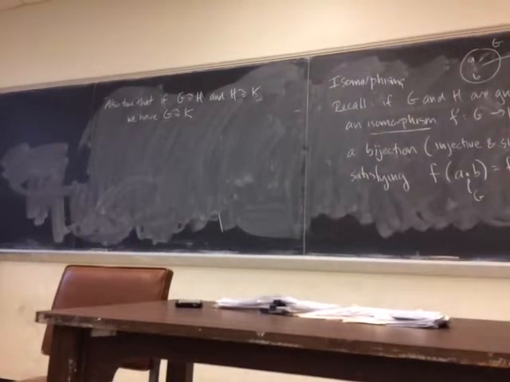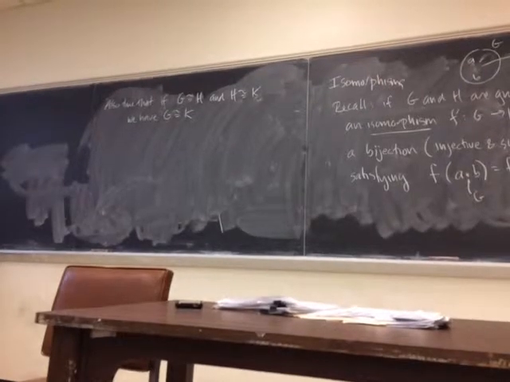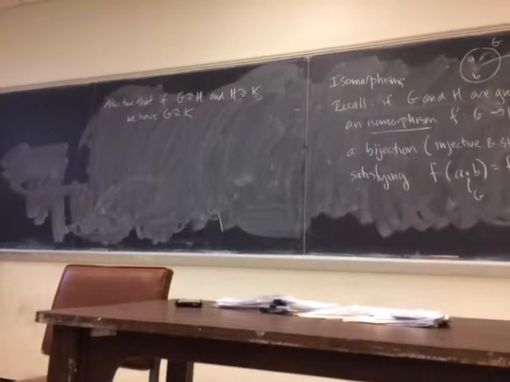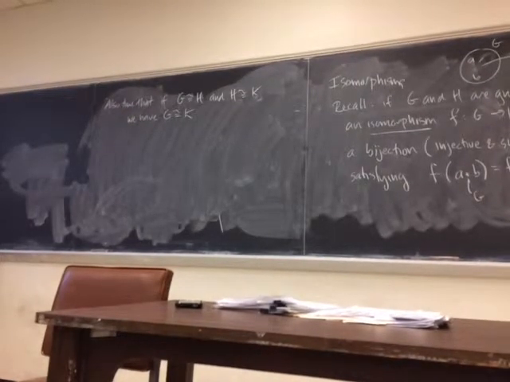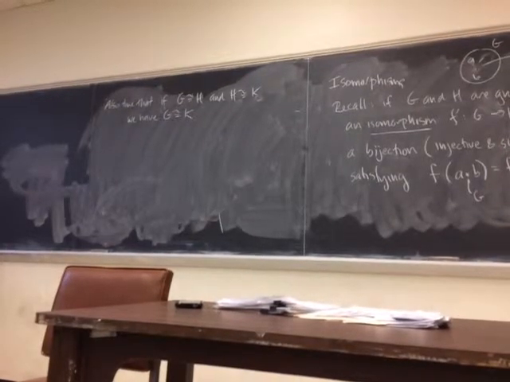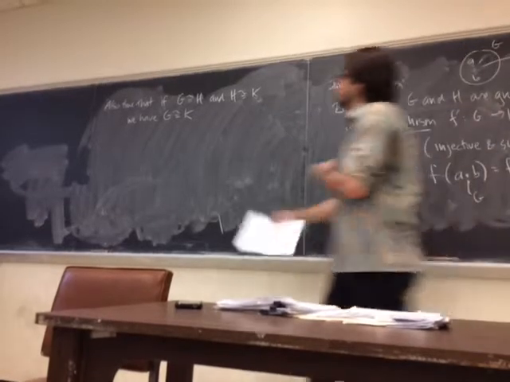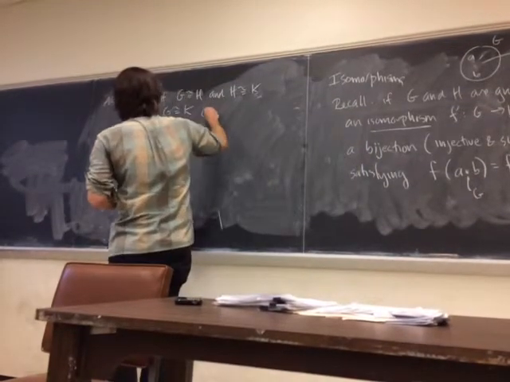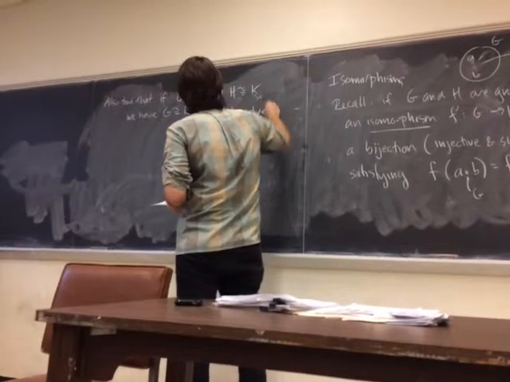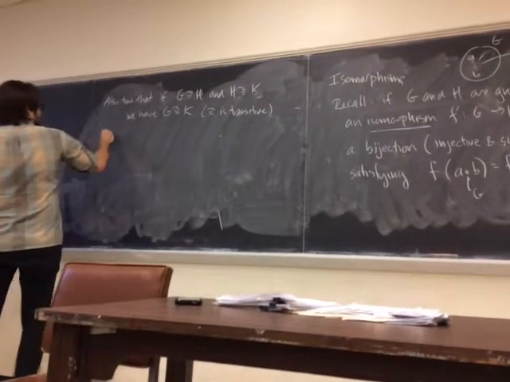So let me give these names. This is called symmetric. So you say that the relation of being isomorphic is symmetric. This one is saying that it's reflexive. And this one is saying that it's transitive. I'm not going to say more about this.